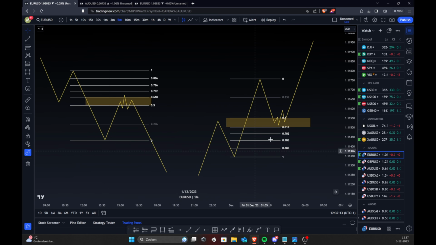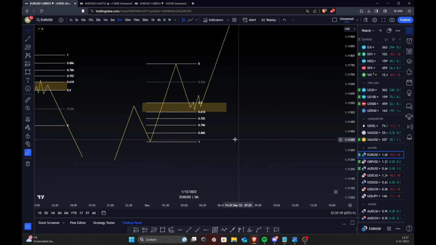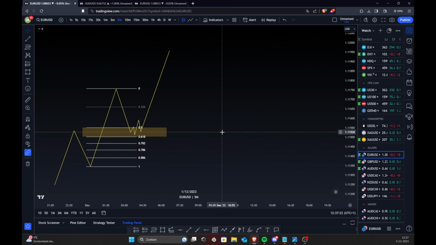So that's basically it for explaining the premium and discounted. We also use it for entries. For example, if we zoom in and we are in the golden zone right here, and imagine this is the price action I draw now.